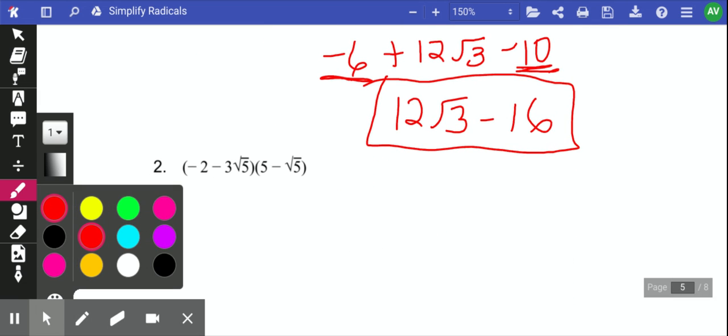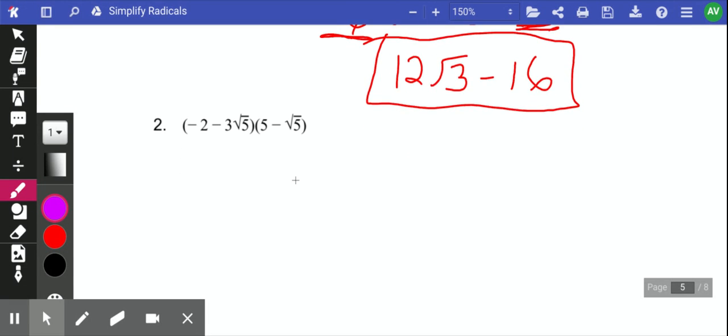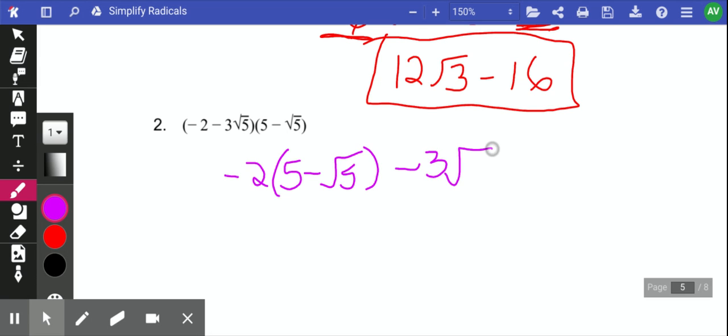Okay, let's give another one a try. So for this one, I have negative 2 minus 3 root 5 times 5 minus root 5. So again, I'm going to set this up with the distributive property. So I'm going to do negative 2 times 5 minus root 5 minus 3 root 5, and again, that came from right here, times 5 minus root 5.